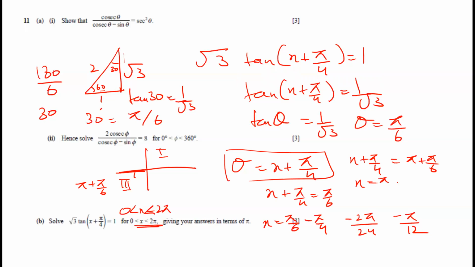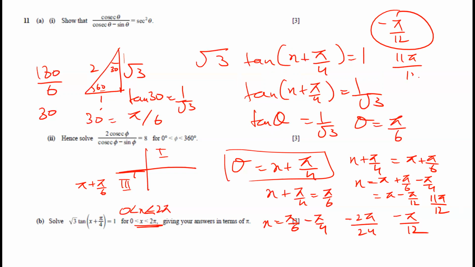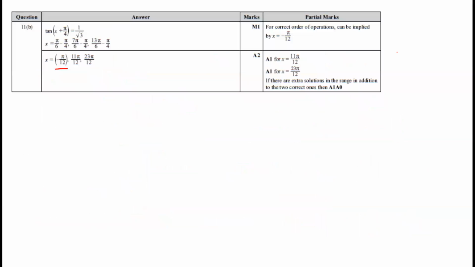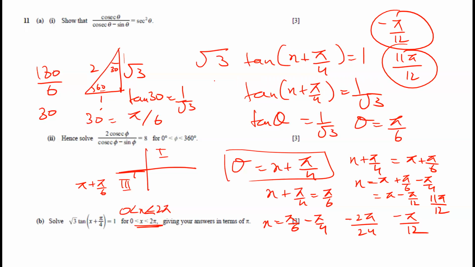So this would be pi plus pi by 6 minus pi by 4, which gives 11 pi upon 12. So the first answer was minus pi by 12, the second one would be 11 pi by 12.